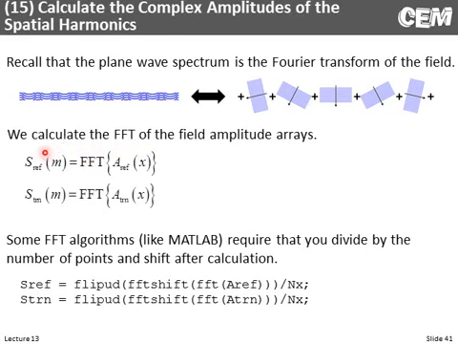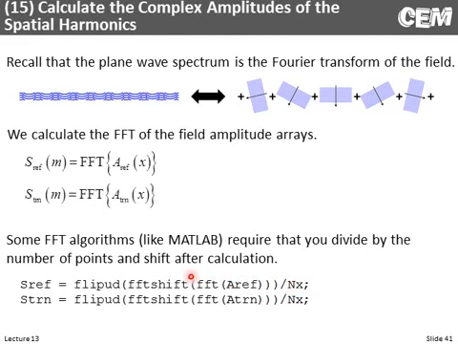What comes out of the FFT are the amplitudes of our spatial harmonics. And we do that for both the reflection and transmission sides. Now, here's the trick in doing that. We calculate the FFT, that's pretty straightforward. Because of the way MATLAB calculates the FFT, it's scaled by the number of points. So we need to divide by the number of points to scale it correctly.